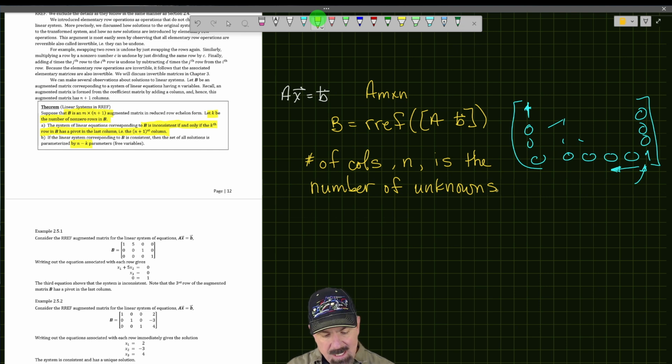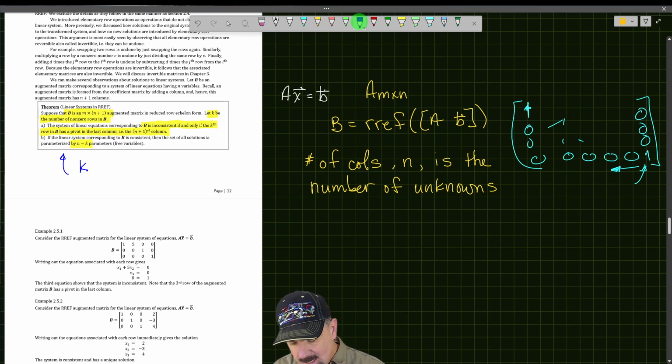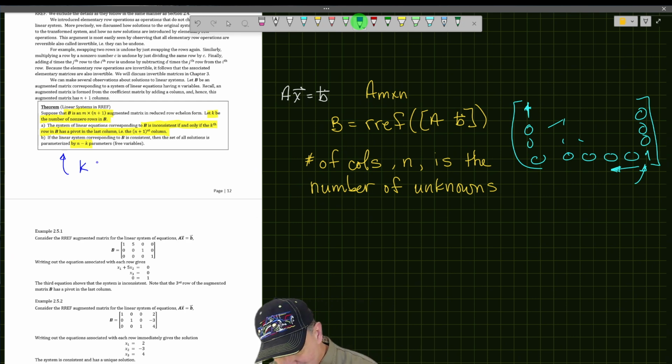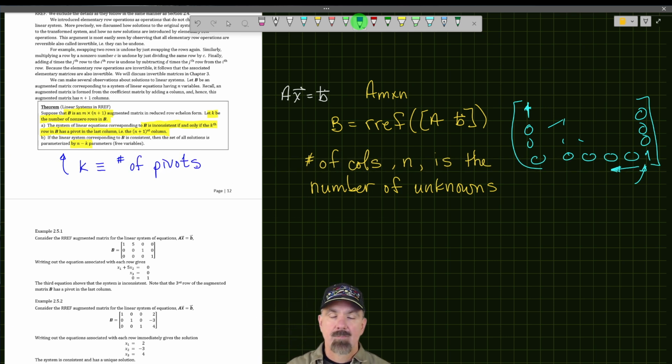And then let's think about what k is in this case. What is k really? It's the number of non-zero rows. It's the number of pivots, or leading ones, in our system. What is that telling us about the system?